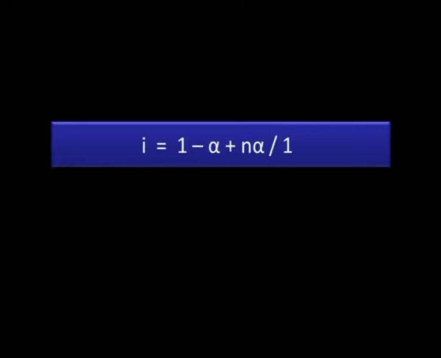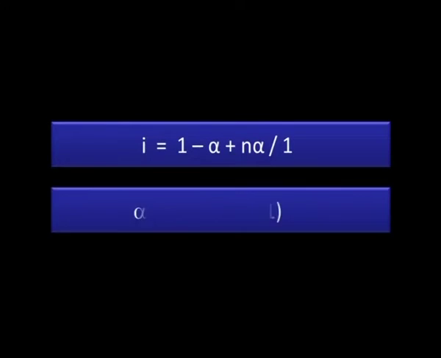Therefore, the total number of molecules after dissociation will be equal to 1 minus alpha plus n alpha. Hence, van 't Hoff factor i will be equal to number of particles after dissociation upon number of particles before dissociation. As we have taken one particle before dissociation, hence i will be equal to (1 minus alpha plus n alpha) upon 1. That is, alpha will be equal to (i minus 1) upon (n minus 1).